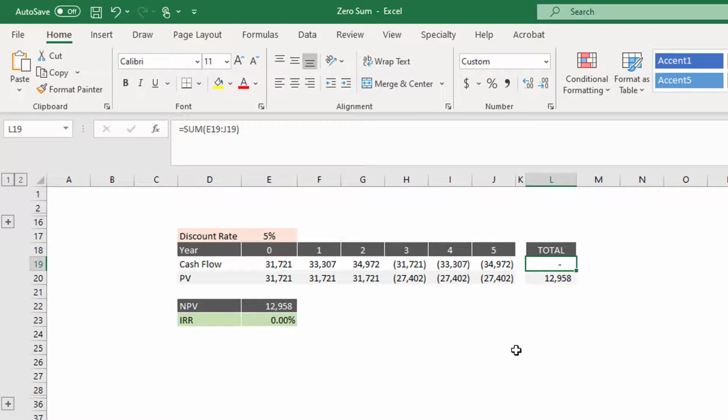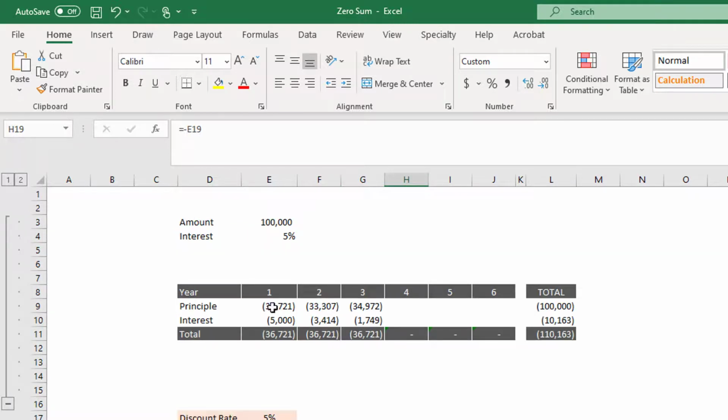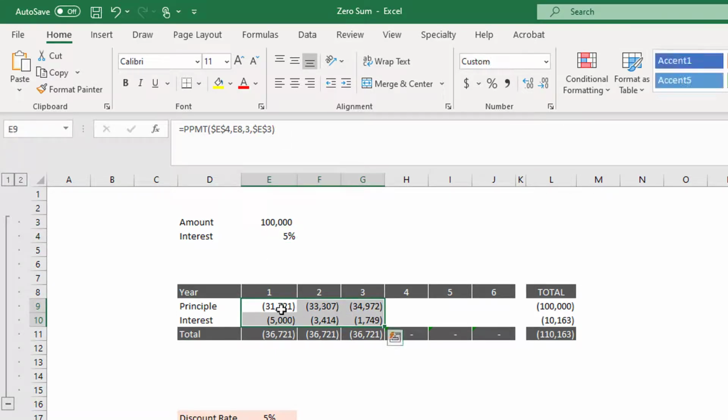And to demonstrate this, you will wonder where I got these cash flows. So just to explain, I assumed that there is a loan at 5% interest, and what is the repayment of this loan if I have to repay in 3 years? So I have used the formula PPMT, and for the interest I have used IPMT.